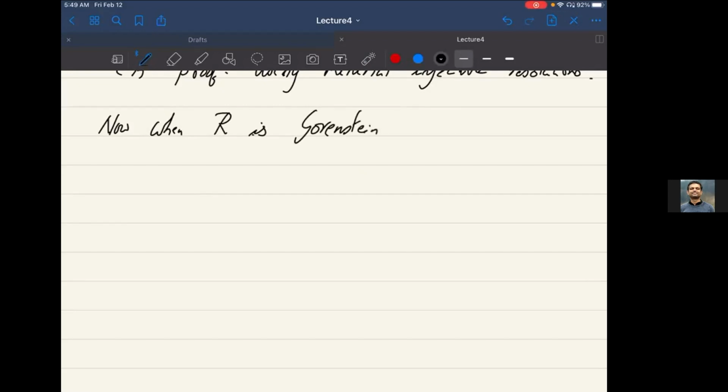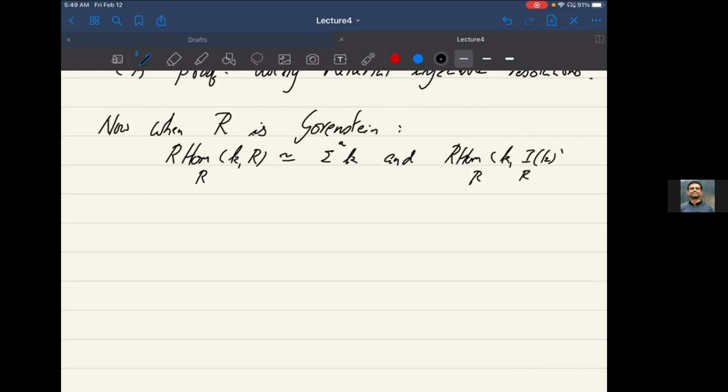just to belabor the point, we have two things. We have that this is k, where a is as before, and we always have, of course, the injective hull, which is k.